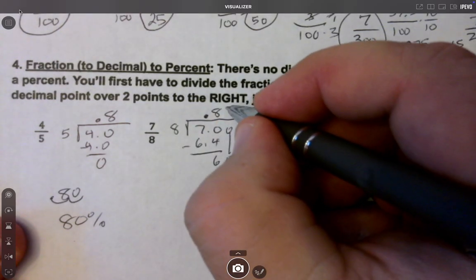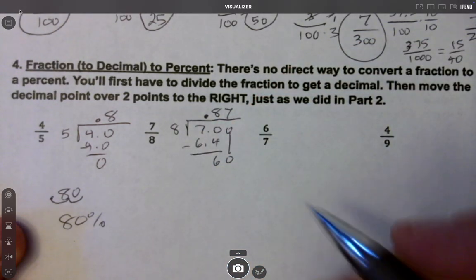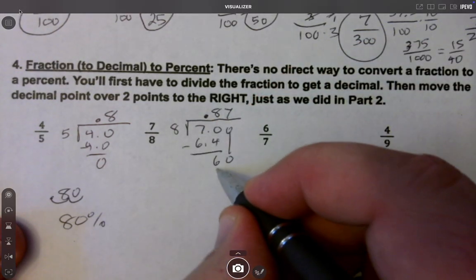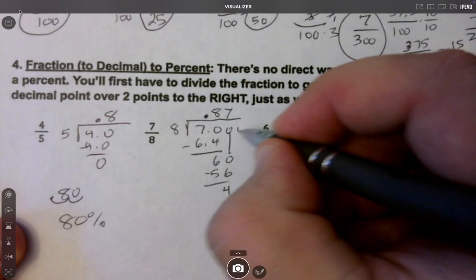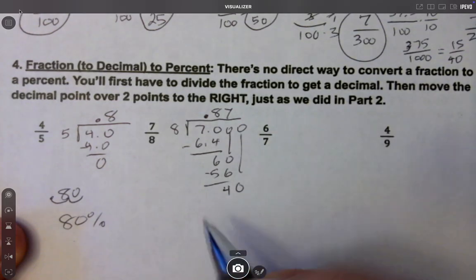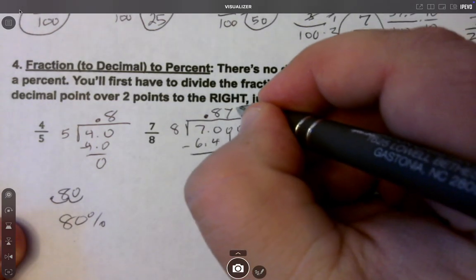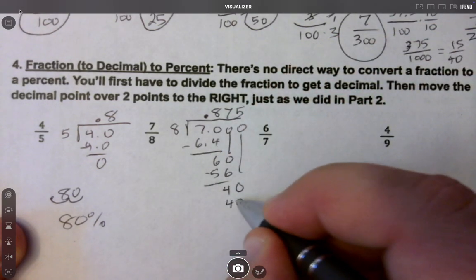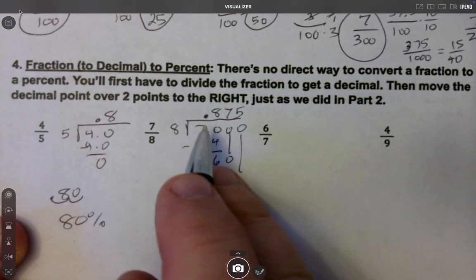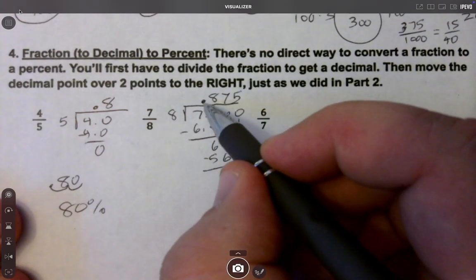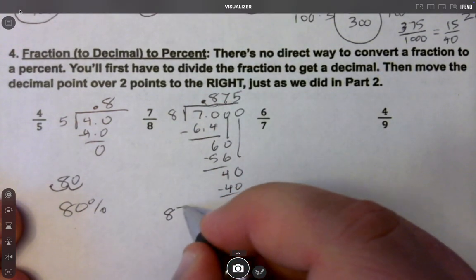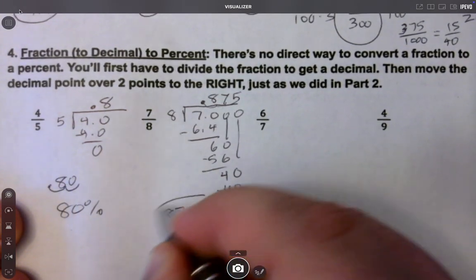It will go into 60 7 times. 7 times 8 is 56. Another 0, bring it down. 8 goes into 40 5 times exactly. So 0.875 is our decimal. Now we move the decimal 2 places to the right, and we get 87.5%.